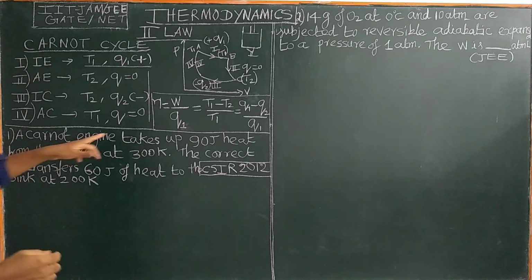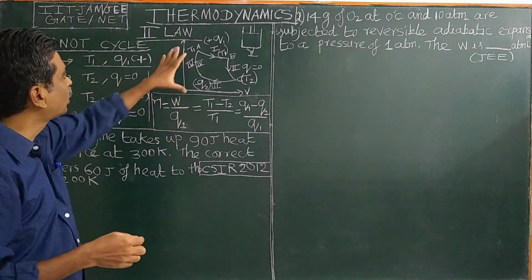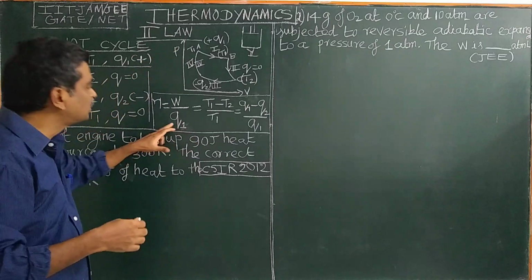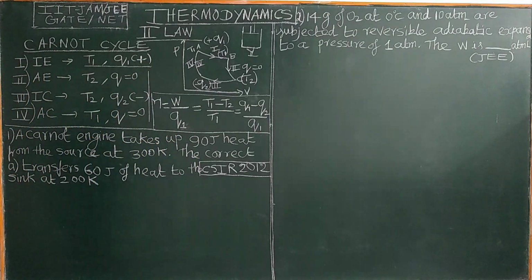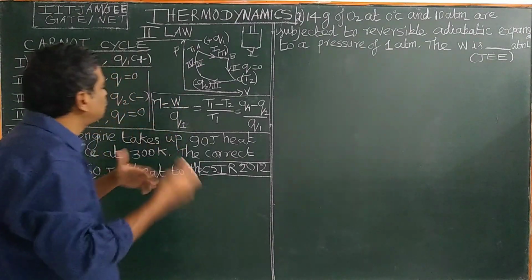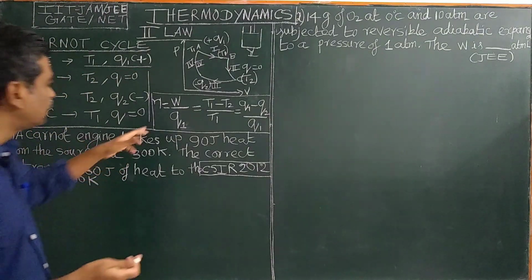The efficiency of the heat engine is the ratio of the net work done by the system to the heat absorbed by the system, that is, how much of the heat absorbed is converted into work. That is the efficiency of the Carnot engine.